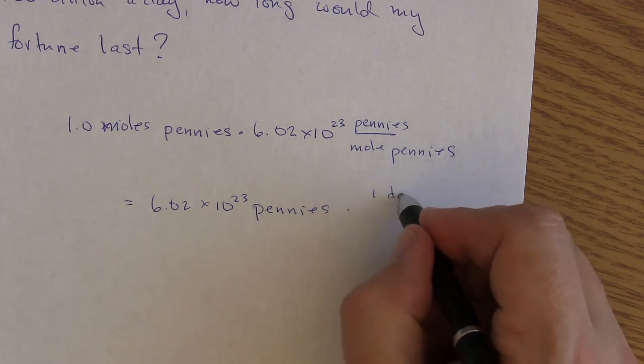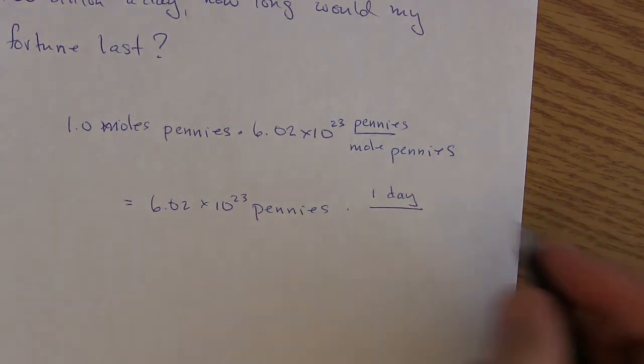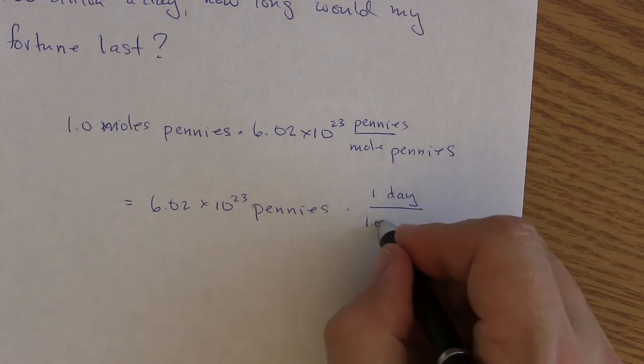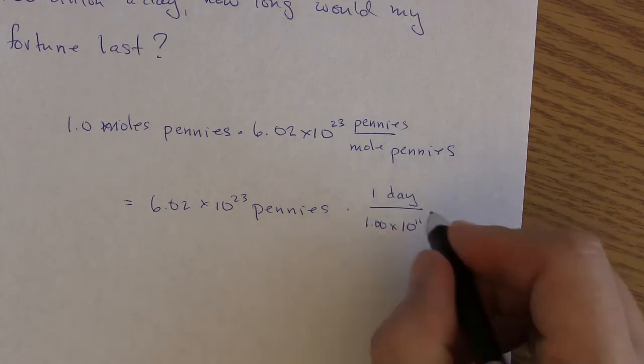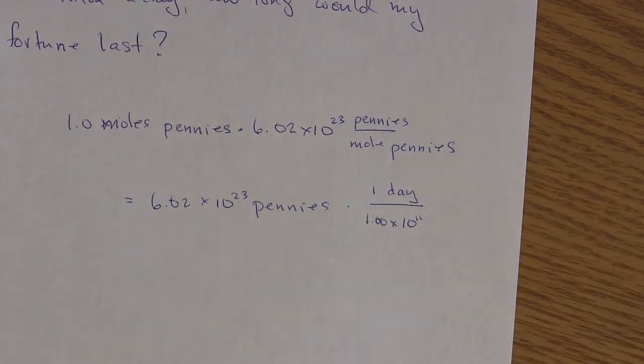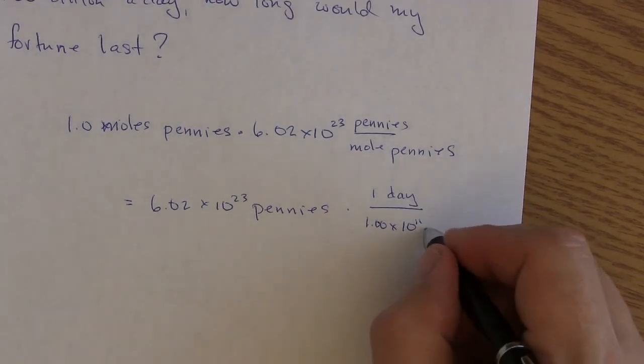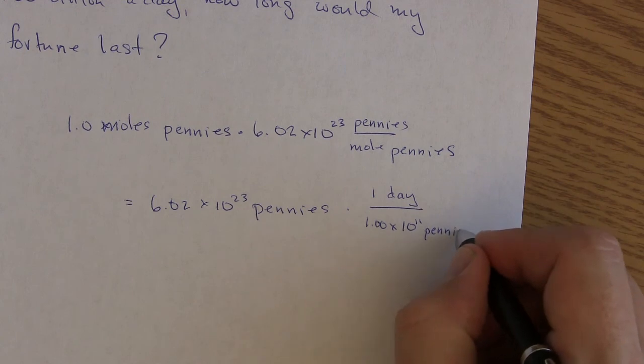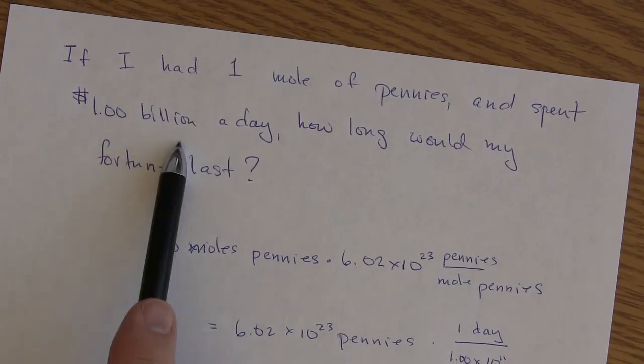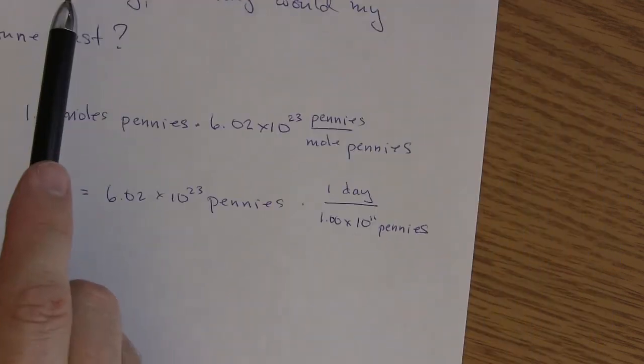1 day per 1.00 times 10 to the 11th. That's our 100 billion pennies a day. No, we're spending $1 billion a day, which is equal to 100 billion pennies.